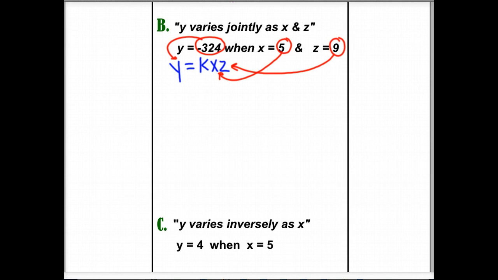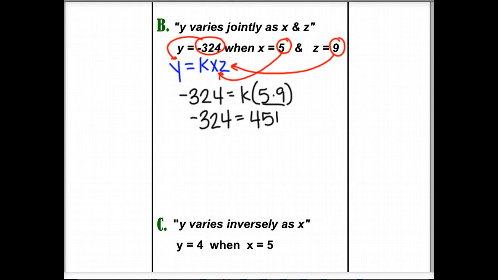Substituting those values in, you get negative 324 is equal to k times 5 times 9. Multiply out the 5 times 9, we get negative 324 is equal to 45 times k. We divide both sides by 45. Once this is done, we get a value of k equal to negative 7.2.